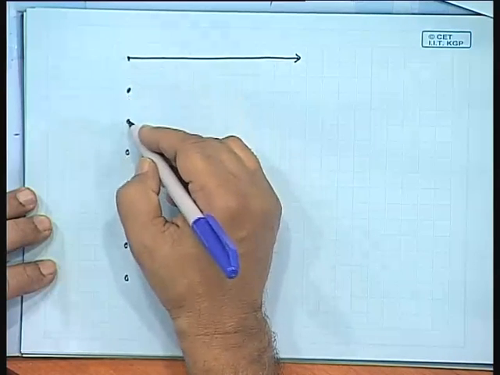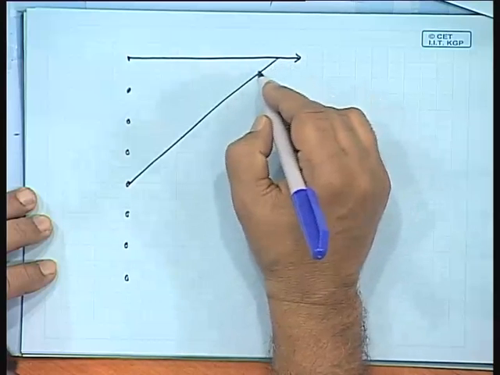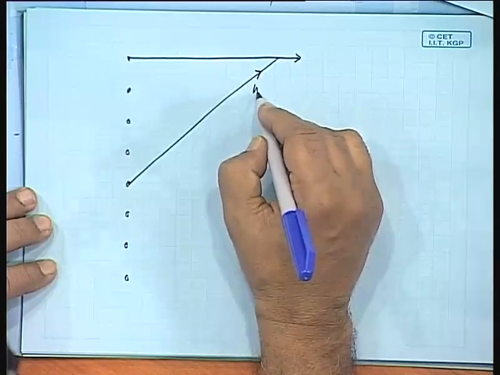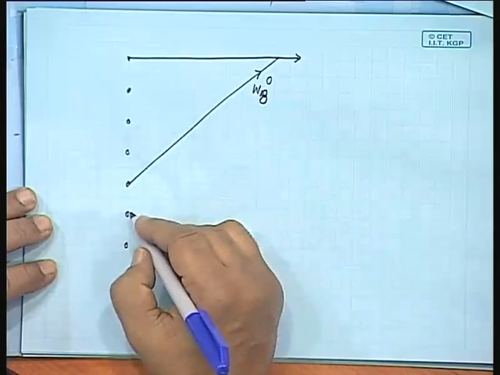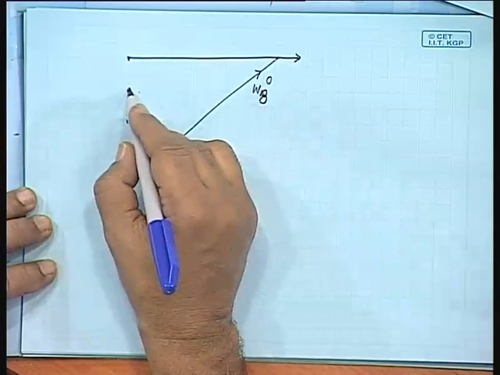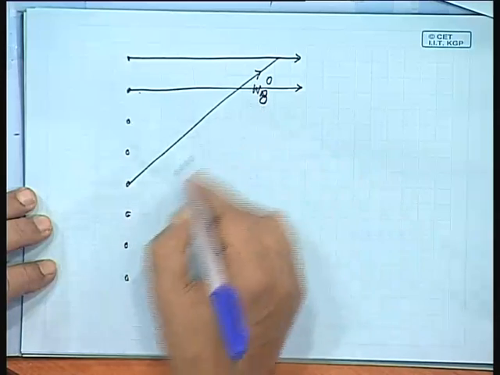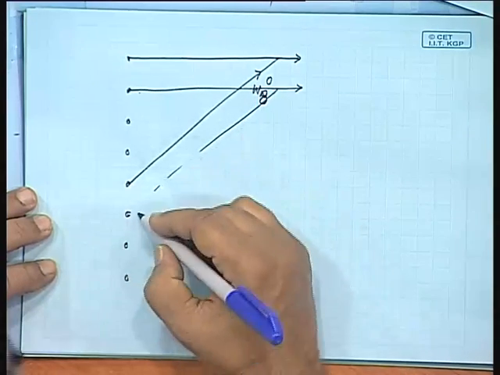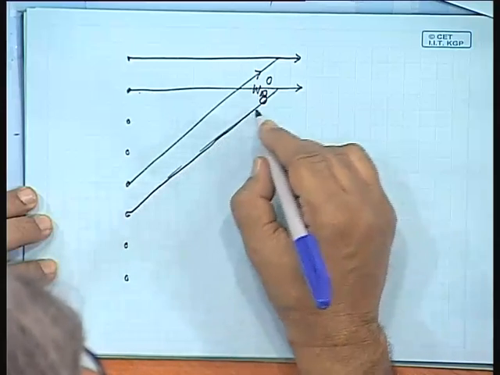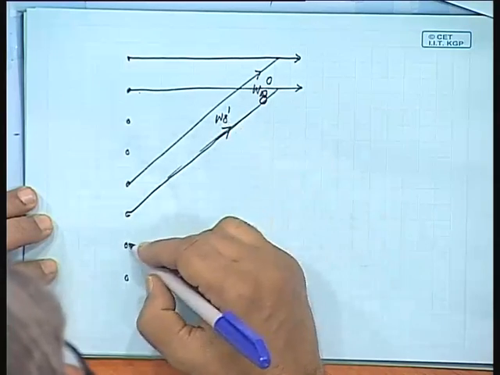The 0, 1, 2, 3, 4. So, this is W_8^0, this is W_8^1.